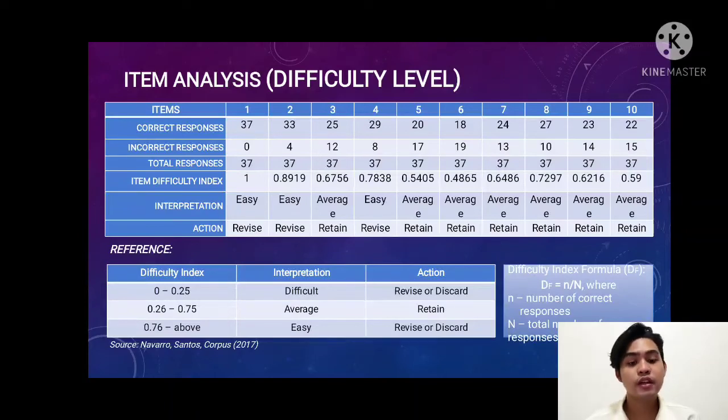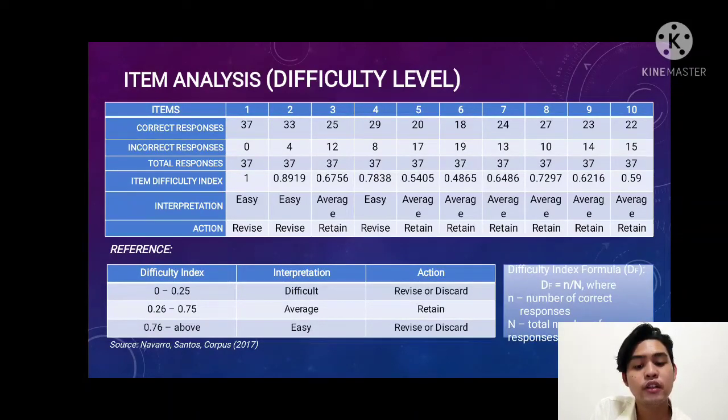In item number 3, it got 25 correct responses with 12 incorrect responses, and its item difficulty index is 0.6756 with an interpretation of average, and the action should be retain.